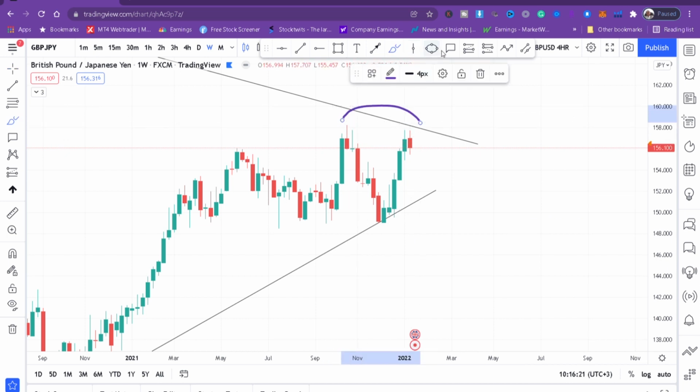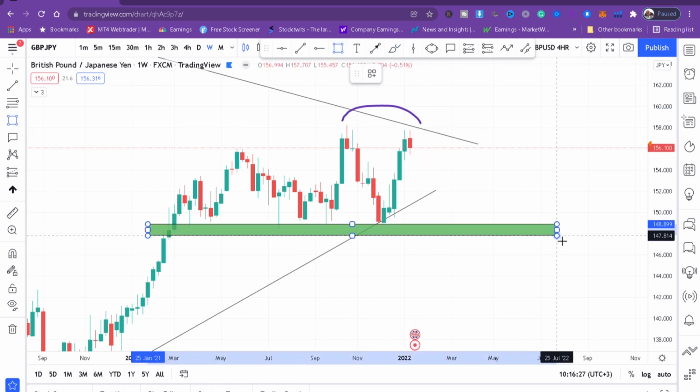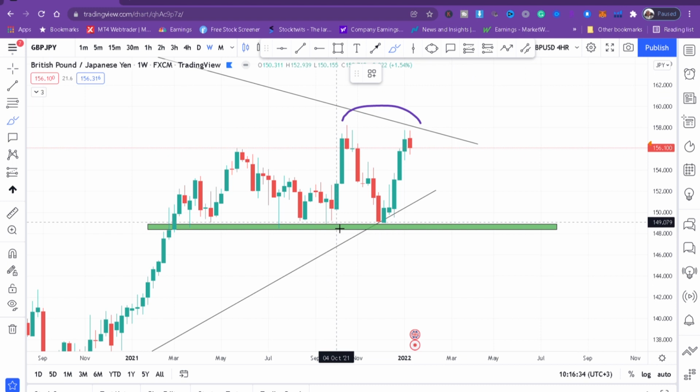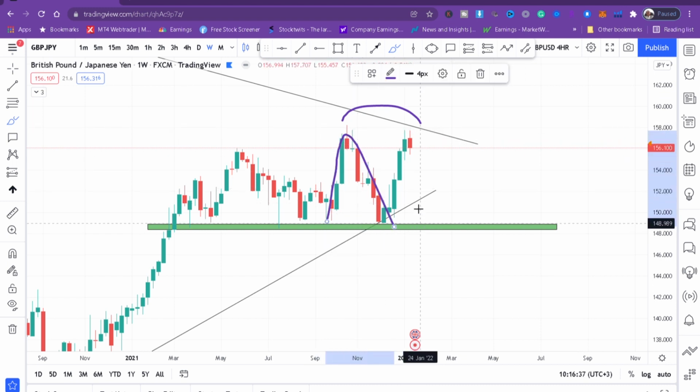And what we know about double top, if this is a pattern of a double top, we know this should be our neckline. All this is our neckline. Why? Because the market first approached this to create the first top where it was coming from, and then where it dropped, that's where we put our neckline, and then came back to the same zone, and now it's reacting.